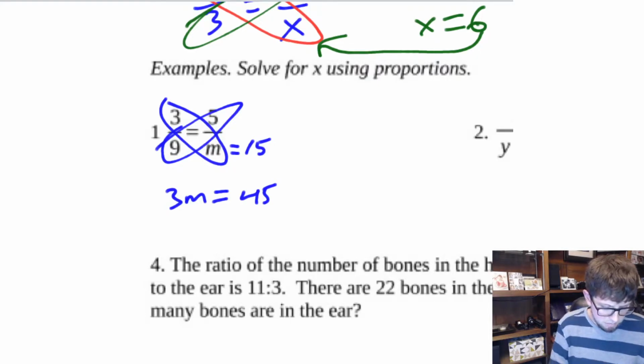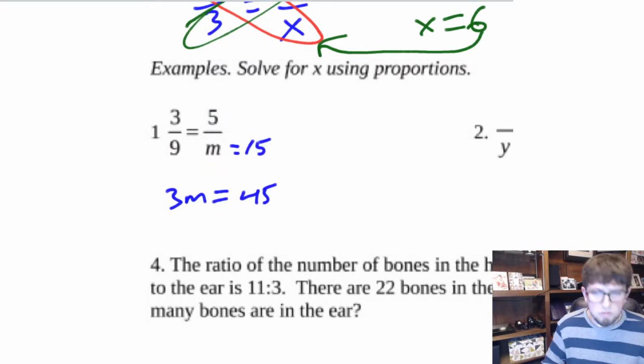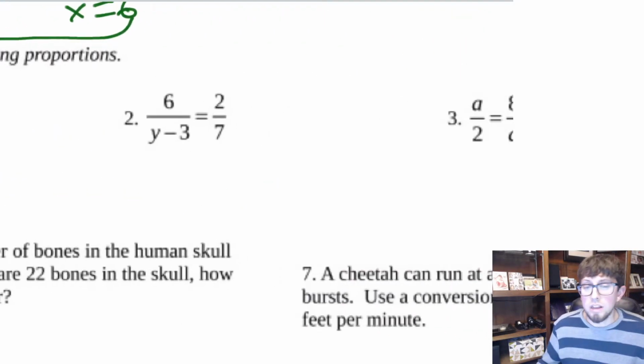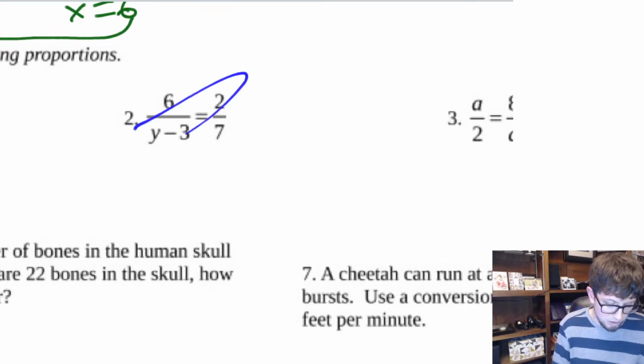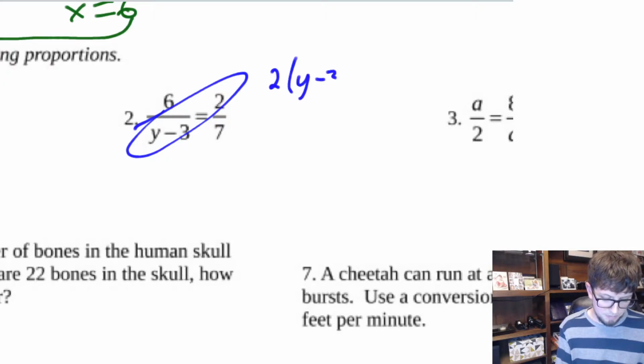It's only this easy, though, when you have the most basic fractions. When you start getting into quantities and expressions, then it gets a little bit more challenging, and I think cross multiplying really helps. So how do you cross multiply when you have something like y minus 3? Well, just like you would with distributing.